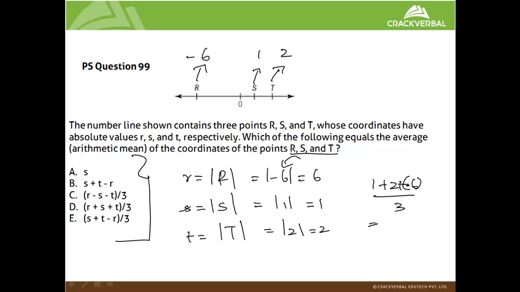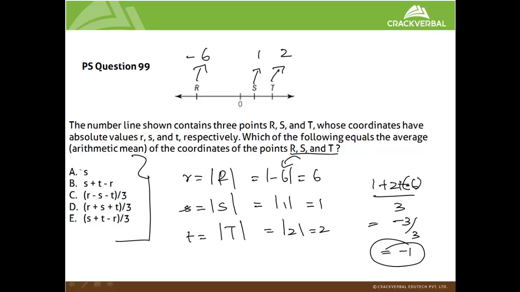So 3 minus 6 is minus 3, divided by 3 is equal to minus 1. So your target answer has to be negative 1. Substitute in the answer choices, and wherever we get negative 1, that would be your answer.